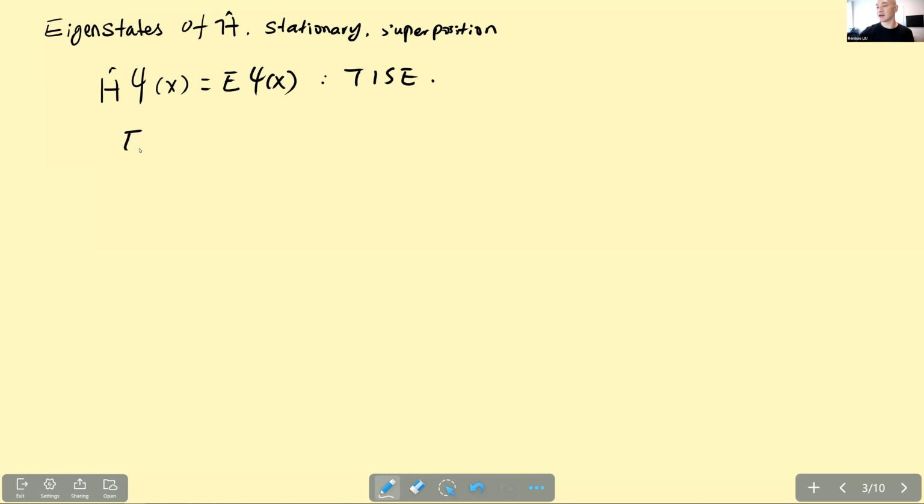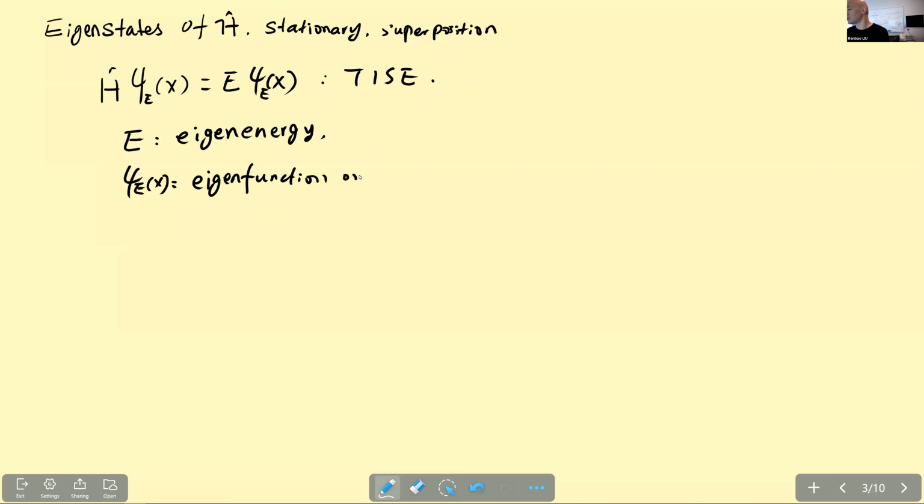And this E is the eigenenergy. And this ψ_E, for this particular E, is the eigenfunction or eigenstate.